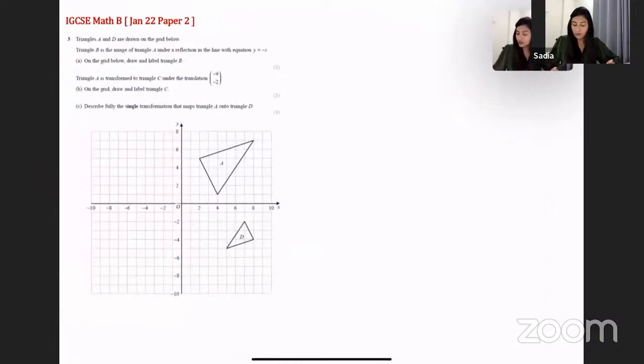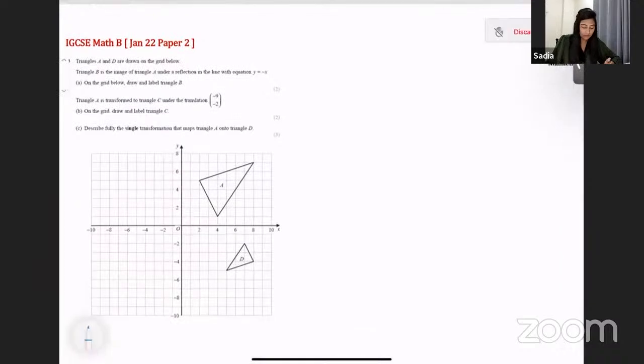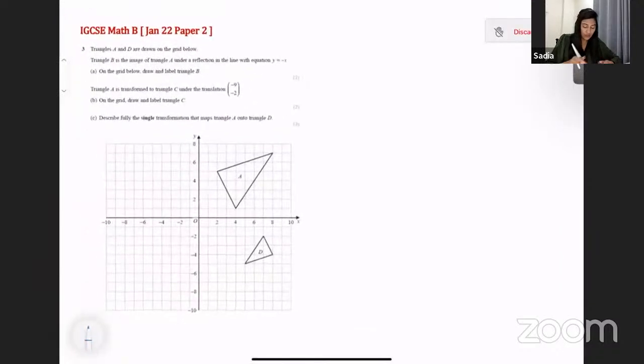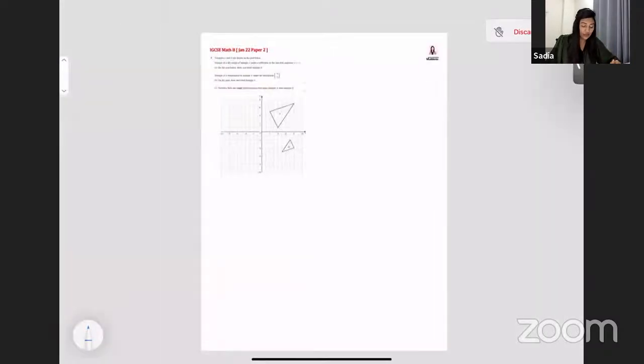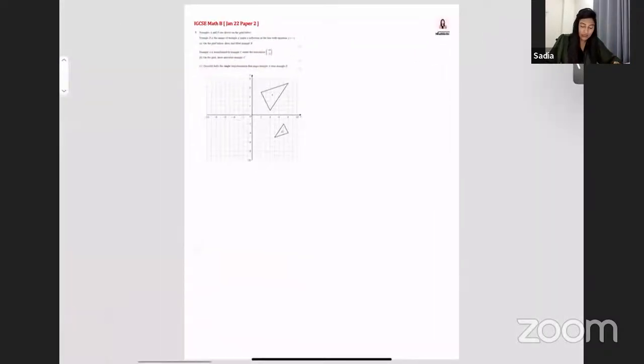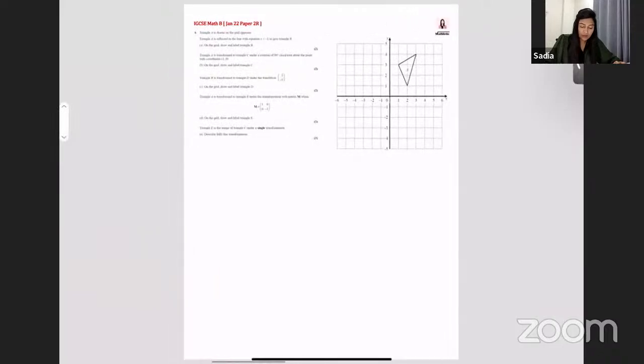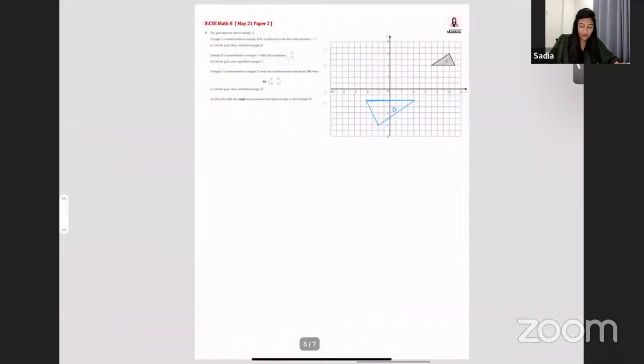Jan 22, Math B paper 2, number 3. I will be solving the complete math for this Jan 22 paper, then the R paper, then October 21.